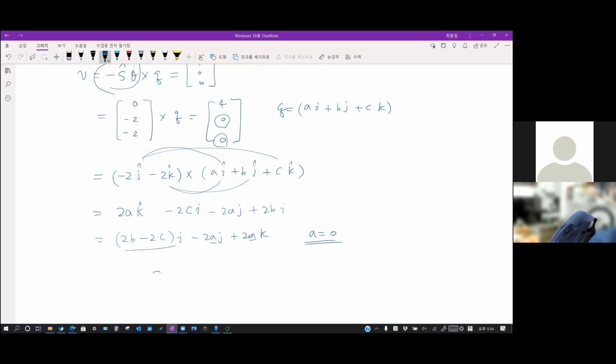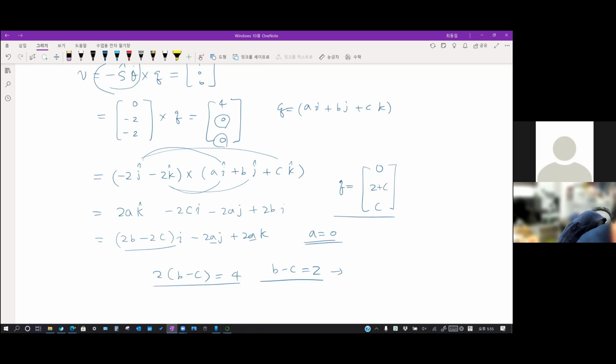And this one, 2B minus 2C equals 4. Therefore, B minus C equals 2. Then Q can be some point. If we choose B equal 2 plus C, then Q is 0, 2 plus C, C. Yeah, Q becomes like this.